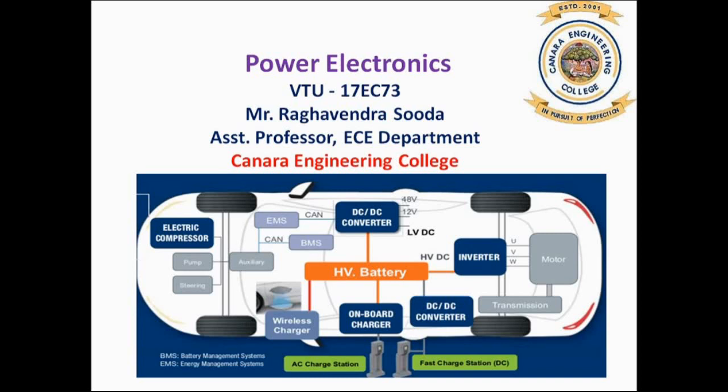In industries, to control the speed of the motor or to control the several actuators, again in your home UPS, again in solar, in most of the power stations, wherever power is required to operate any of the machines or any of a system, we require power converter.